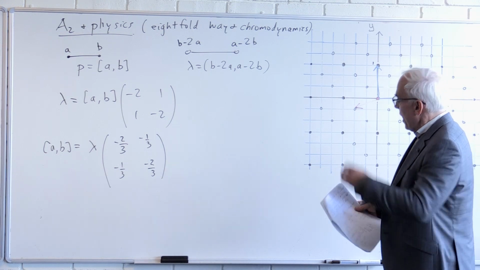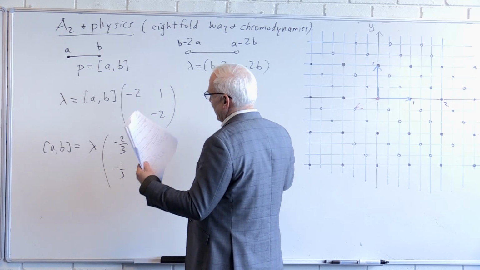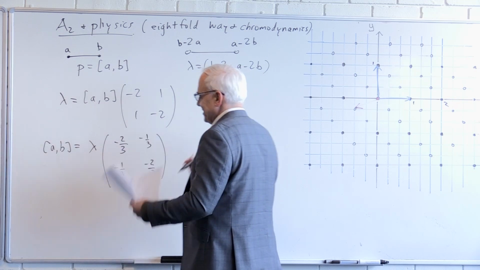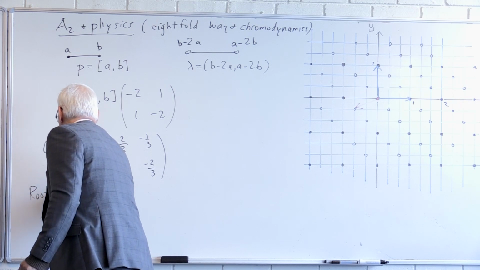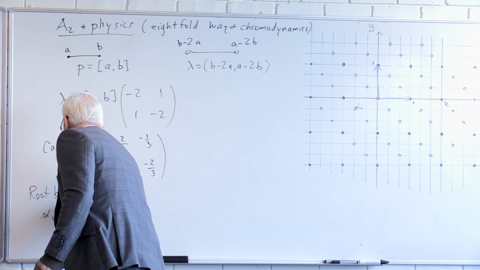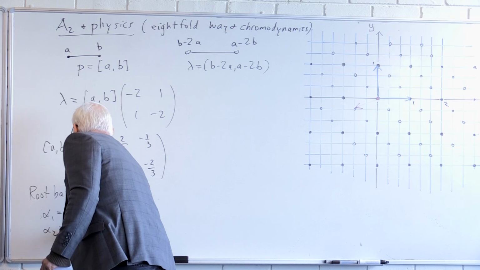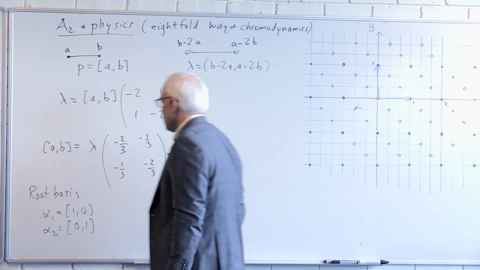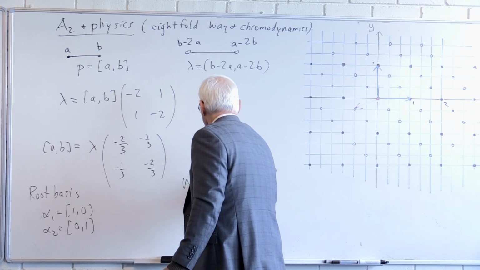And the fractions correspond, so we get two sorts of bases. We get the root basis, consisting of what I at some point called alpha 1, which would be the vector 1, 0, and alpha 2, which is the vector 0, 1. And now we have what I call the weight basis.